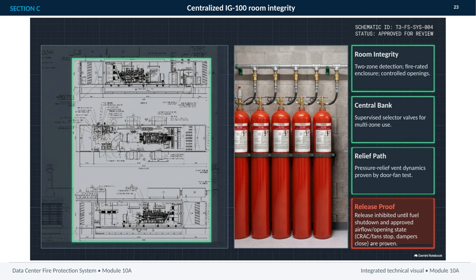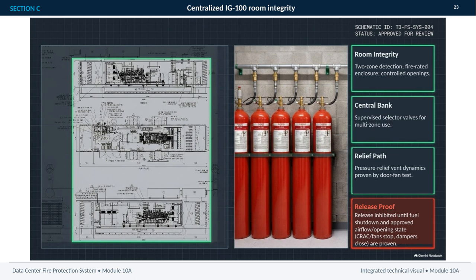These valves allow one centralized supply to serve multiple protected zones, while also providing monitoring of the valve state and system readiness. The relief path is equally important. Pressure relief vent behavior has been verified through a door fan test, giving confidence that the room can manage the pressure created during discharge without compromising the enclosure.